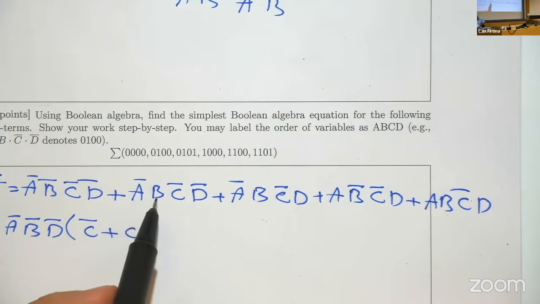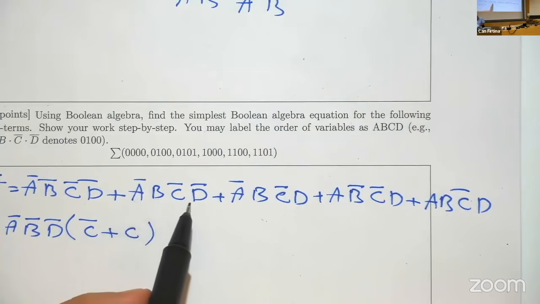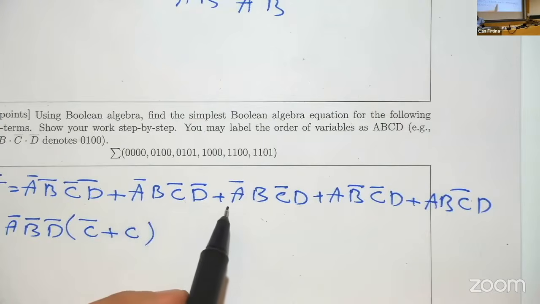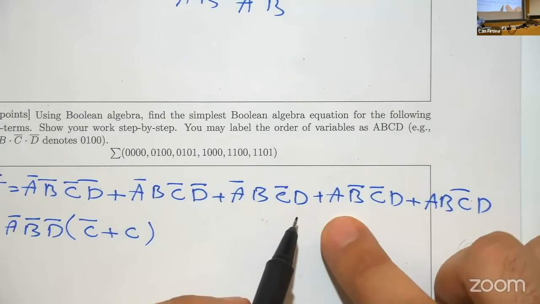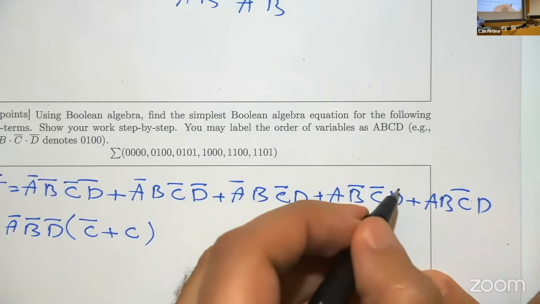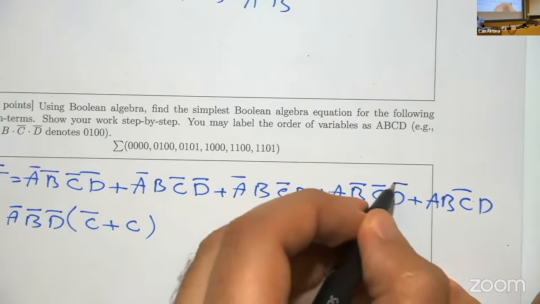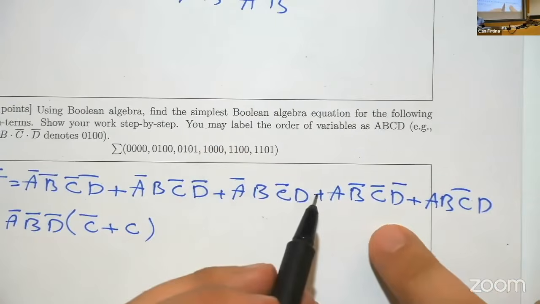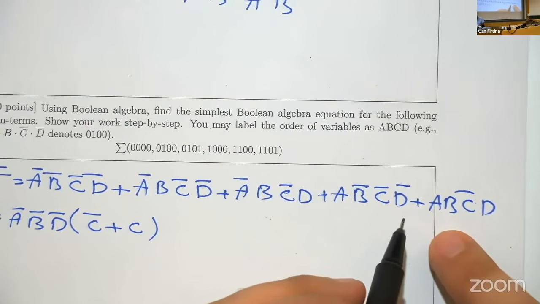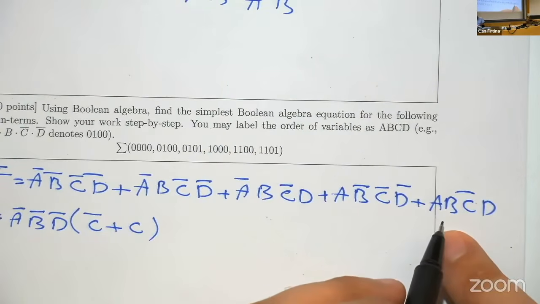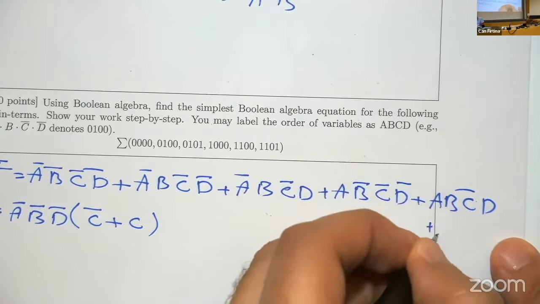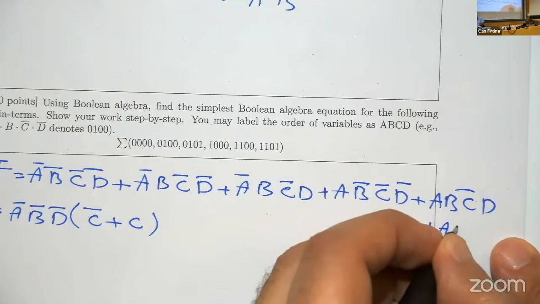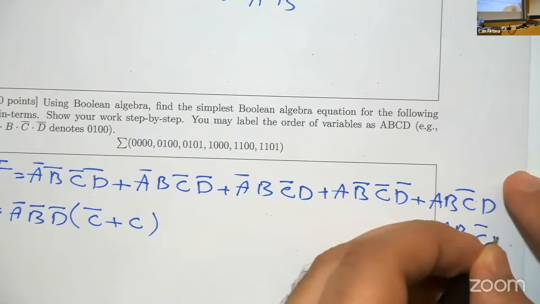A bar, B, C bar, D bar. A bar, B, C bar, D. Yeah, you are right. This is A, B bar, C bar, D bar. A, B, C bar, D bar.